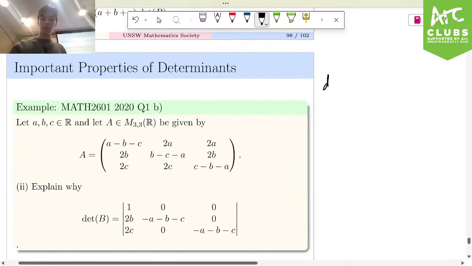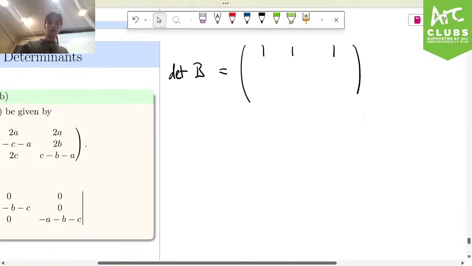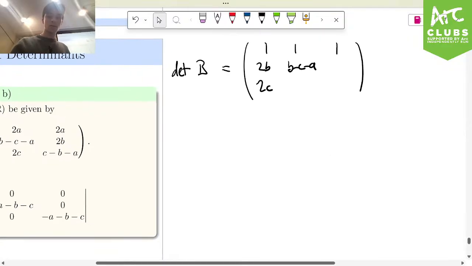We know that the determinant of B is equal to 1, 1, 1, 2B, 2C, B minus C minus A, 2C, 2B, C minus B minus A.